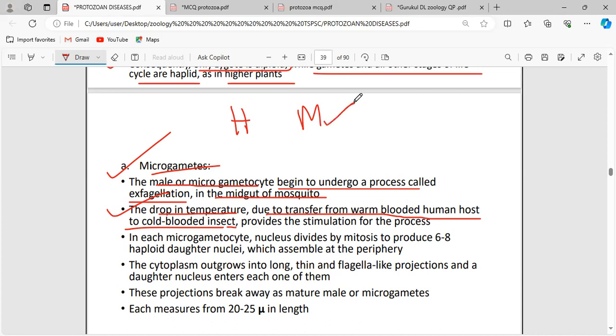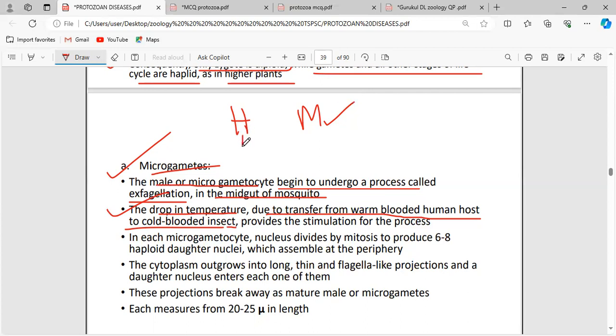But in the case of the mosquito, whatever the external temperature and climatic conditions outside the body of the mosquito, they have to adapt to that environment. They do not maintain a separate body temperature. Whatever the temperature outside, their internal body temperature will adjust to the external temperature.